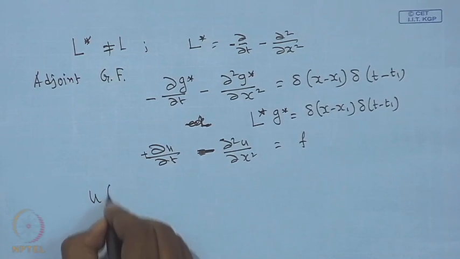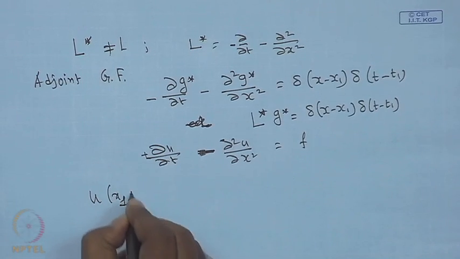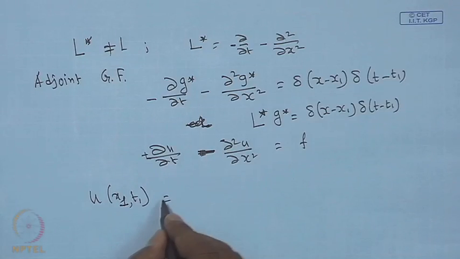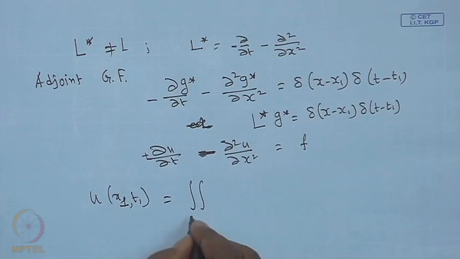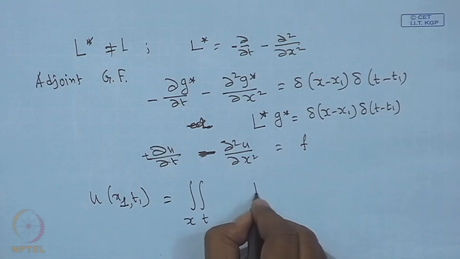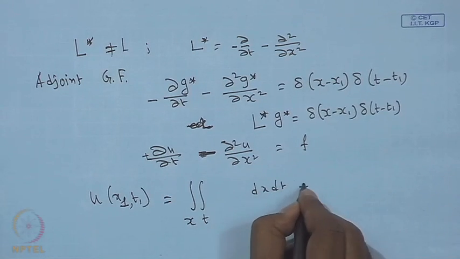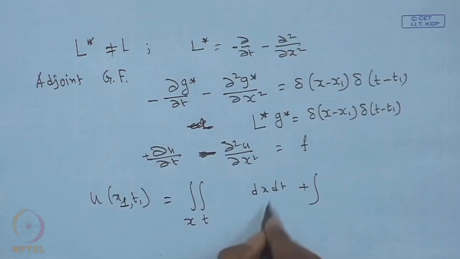You will get an expression for u at x 1, t 1, and there will again be 4 terms on the right hand side. The first term corresponds to a volume integral over x and t, dx dt, which corresponds to the non-homogeneity in the governing equation.